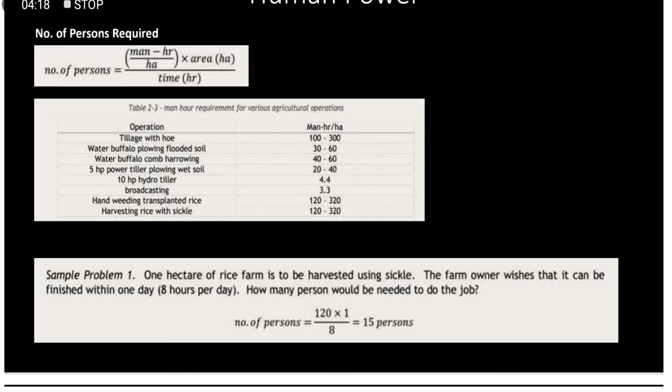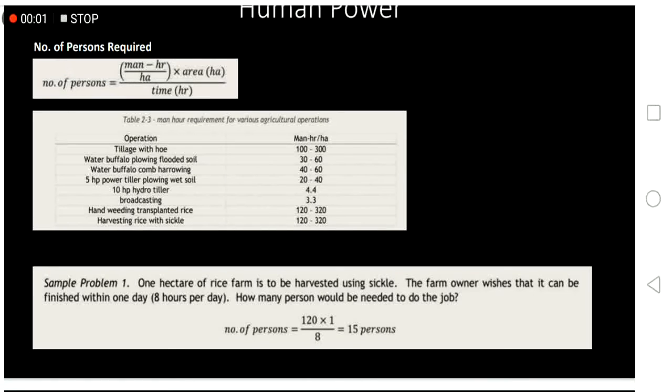So 1 day of working hours is equal to 8 hours. How many persons would be needed to do the job? Again, the farm owner wishes to harvest his palay, a 1 hectare field, within 1 day or within 8 hours. How many persons do you think he might hire to finish the job?